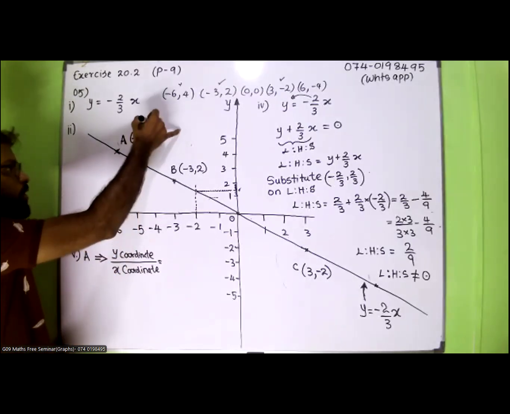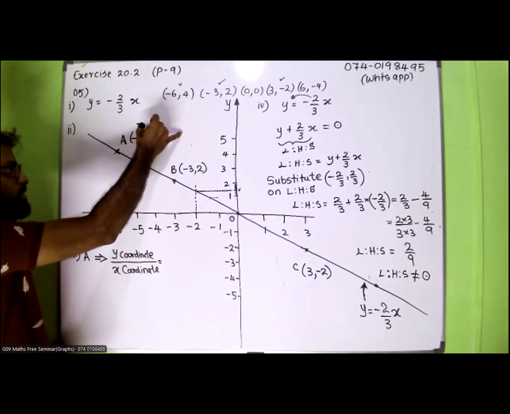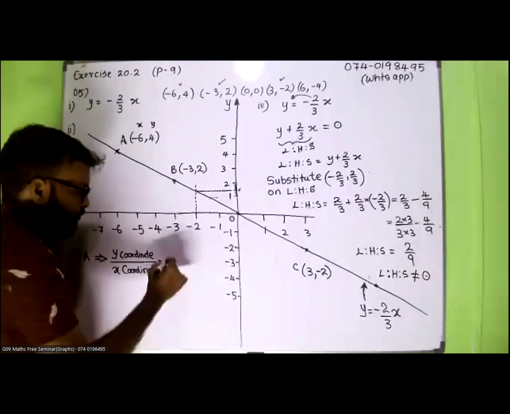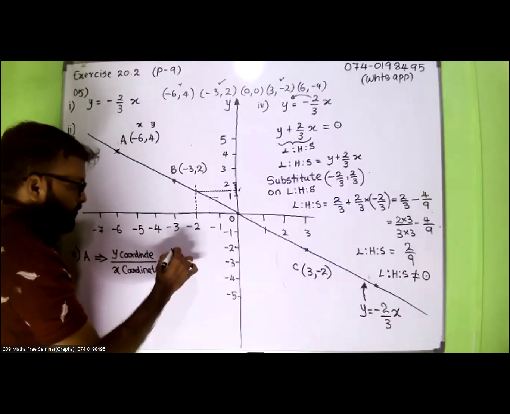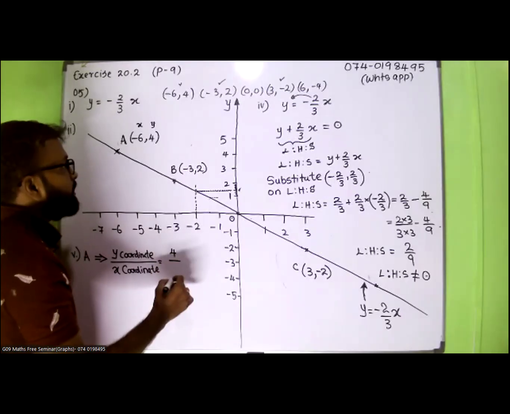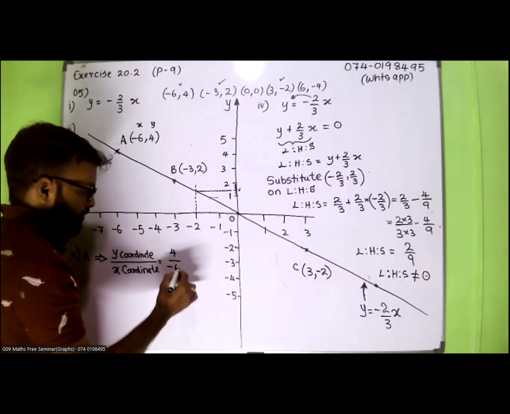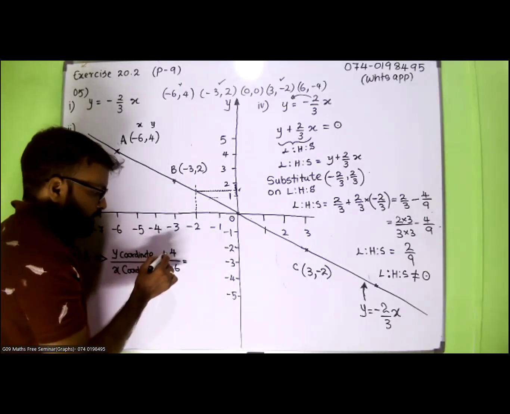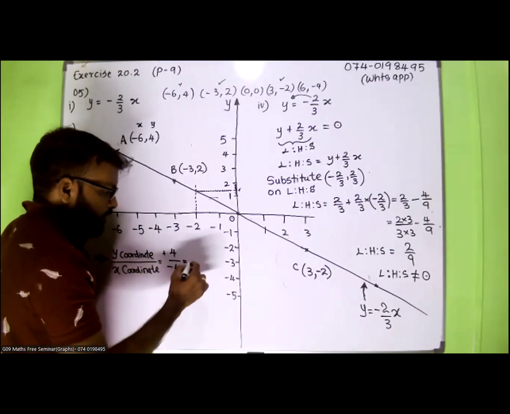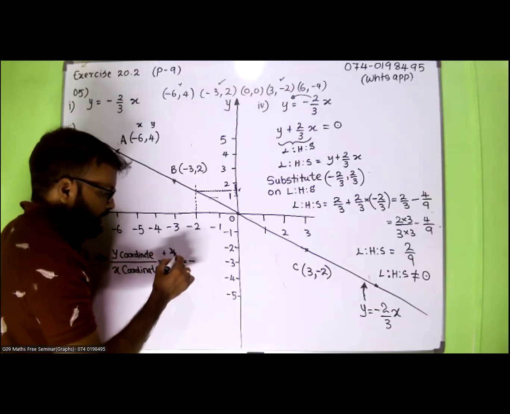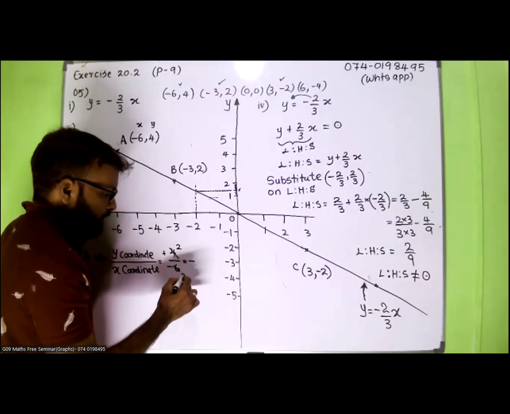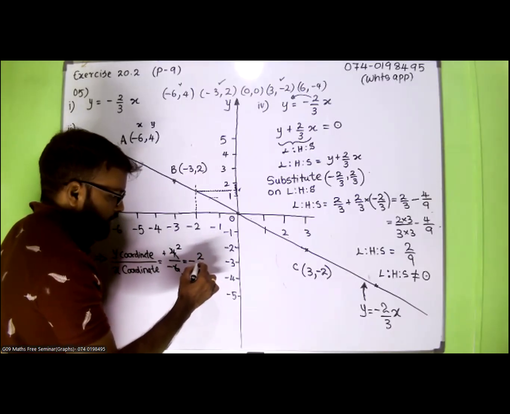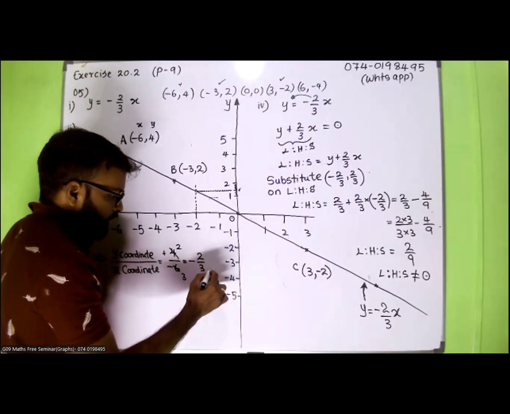So what is my y coordinate? This is x, this is y. Y coordinate is 4. X coordinate is minus 6. So I can simplify. Numerator is positive. Positive divided by negative is negative. I can simplify. 2 times 2, 2 times 3. So this is minus 2 upon 3.